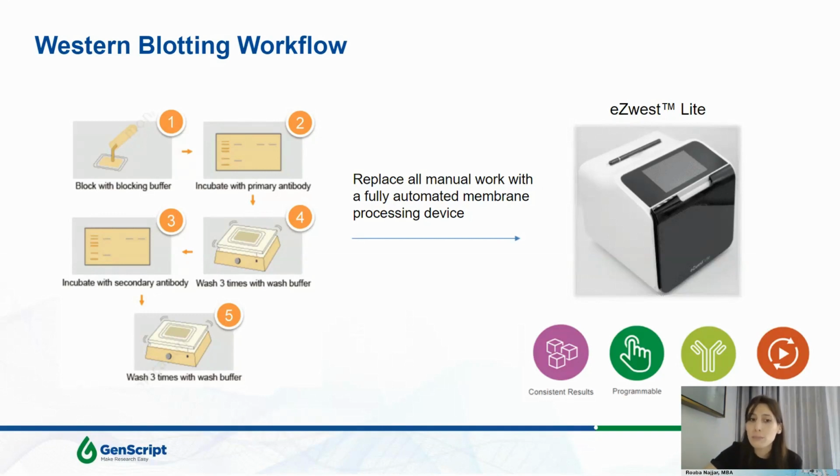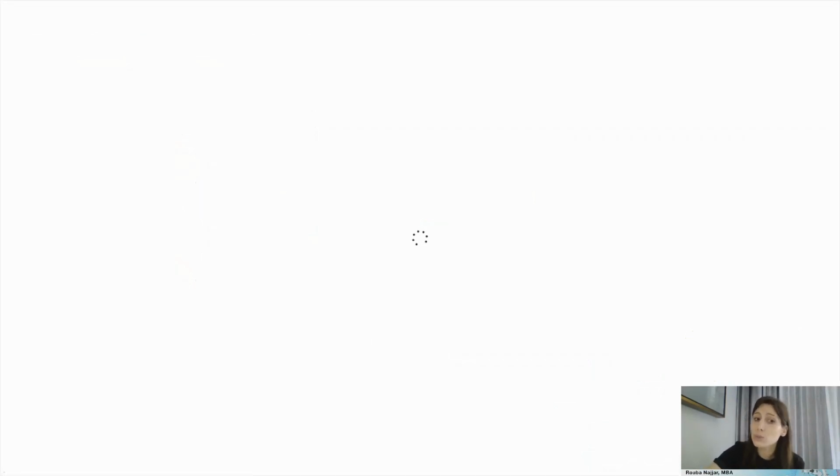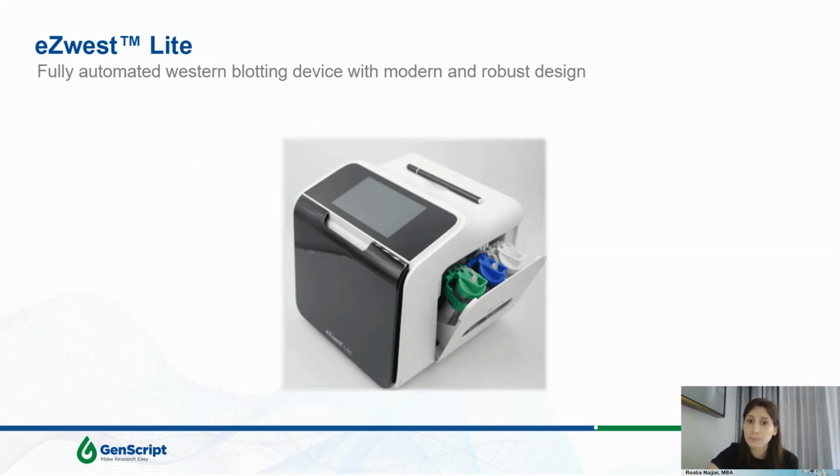I think most people that have done any kind of Western or staining or transfer would agree that this is probably the most tedious, most labor-intensive step in the process because of all the washes and additional steps in between. This is completely automated, and it can do two membranes at a time.